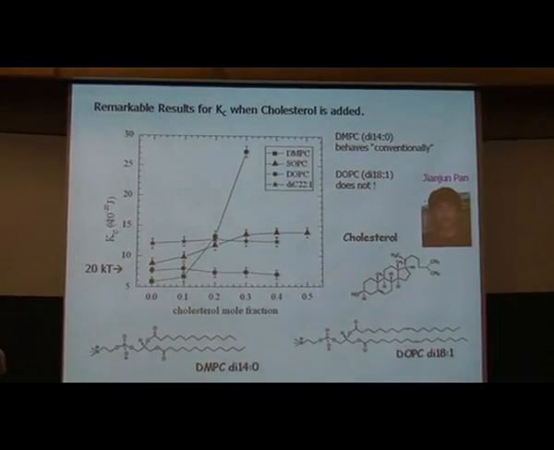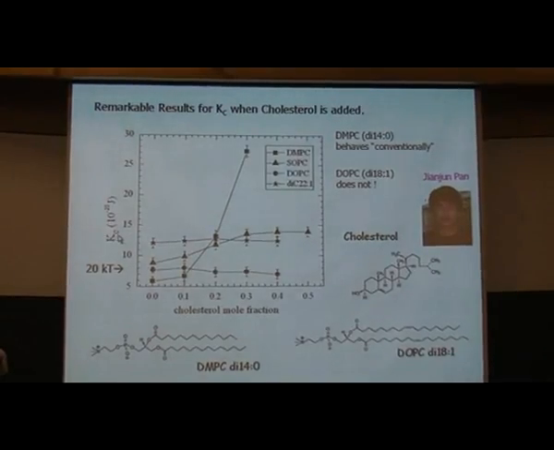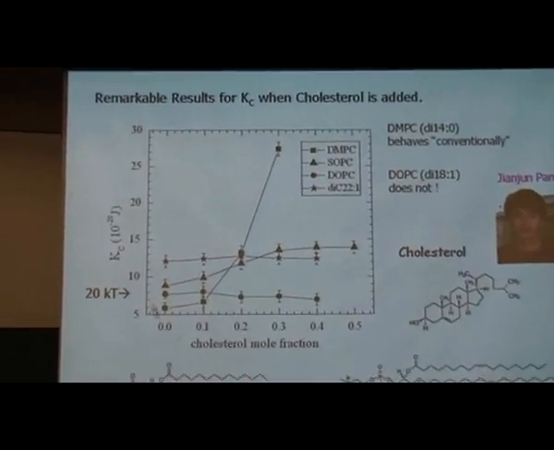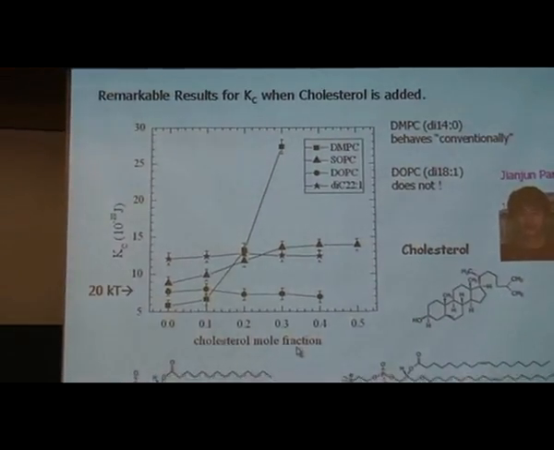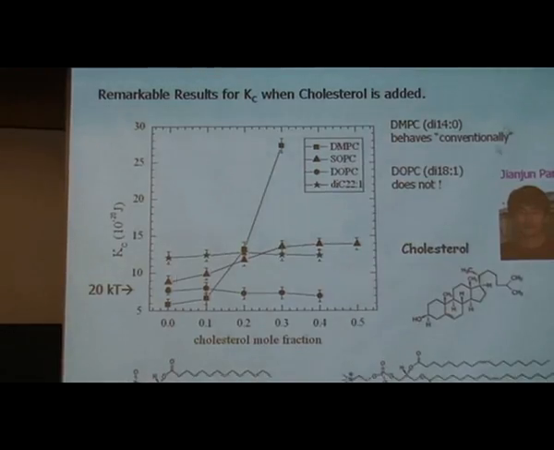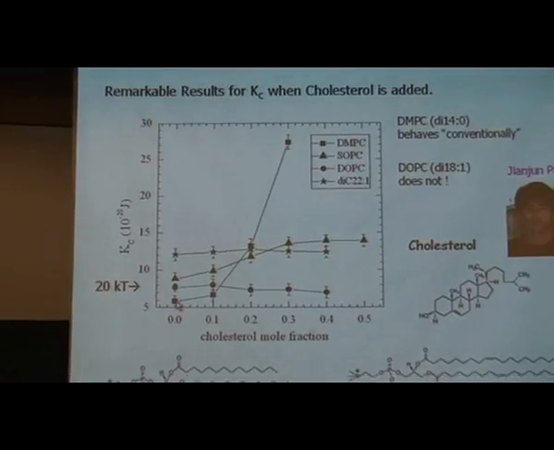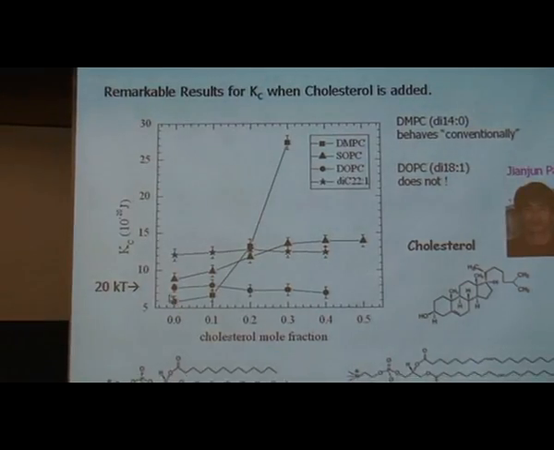What I'm plotting here is the bending modulus, how much energy it takes to bend the membrane, and by the way, here's 20 kT down here. And here's the cholesterol mole fraction. If I start out here, I have the pure bilayer. This is the one I want to focus on, and its bending modulus is less than 20 kT.